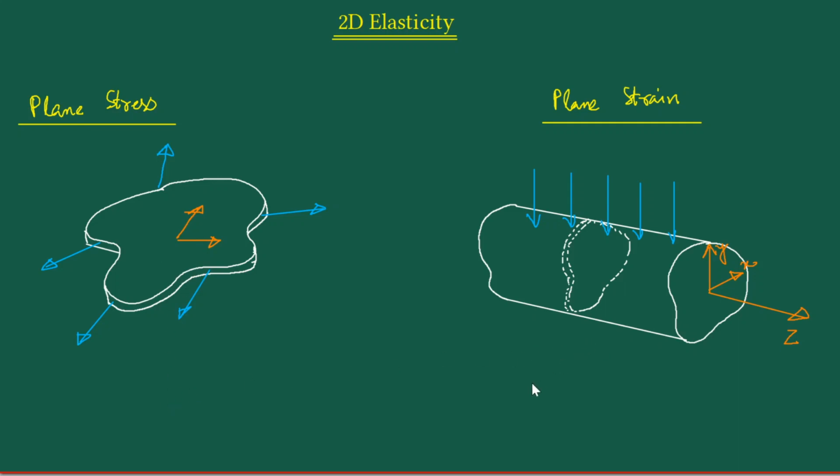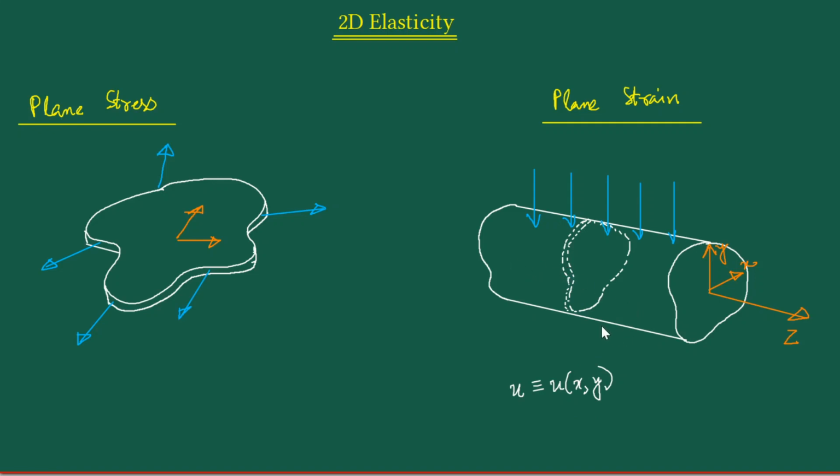Now here in this plane strain case, what we will have is the u component of the displacement. So the displacement along the x direction will be dependent only on x and y. So that is what is algebraically meant by there being no difference between taking slices here or here or here.